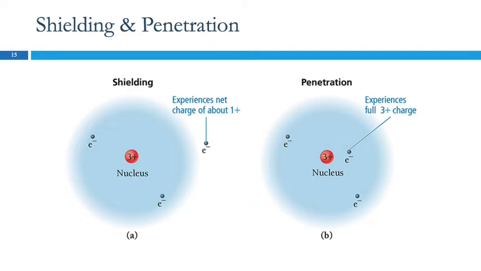And so as it looks at the nucleus, it kind of sees the actual charge on the nucleus, minus the number of electrons that are closer to it. And so it's going to see an effective nuclear charge of +1. So this electron is attracted to this nucleus the same as if this was a +1 nucleus without any other electrons getting in the way. Does that make any sense?